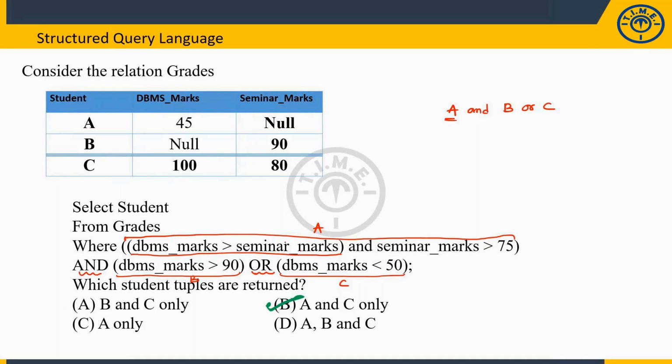That condition one is P and Q. So this is like P and Q and B or C. So now the point is, the conditions are like this, but any tuple that satisfies just condition C, the third condition, is going to be in the final output.